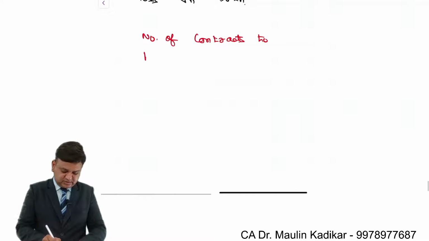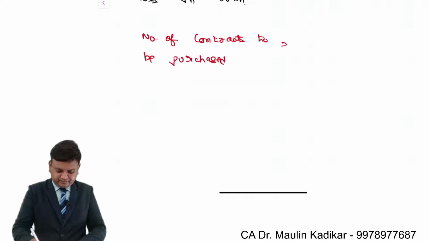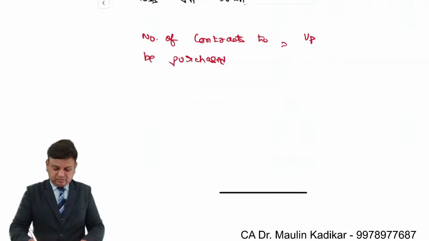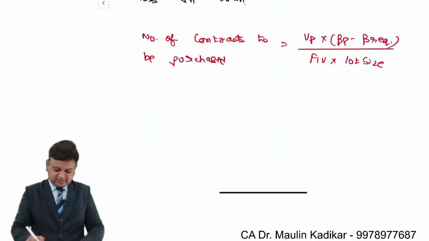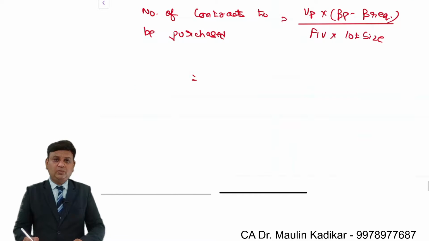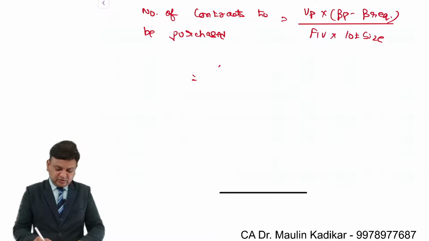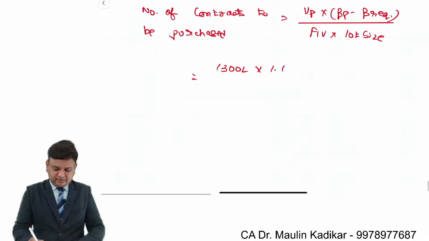Number of contracts to be purchased: value of the portfolio into beta of portfolio minus beta required, divided by futures index value into lot size. What is the value of the portfolio? It is an amount of 1300 lakhs. What is the beta of the portfolio? It is 1.1922. What is the beta required?